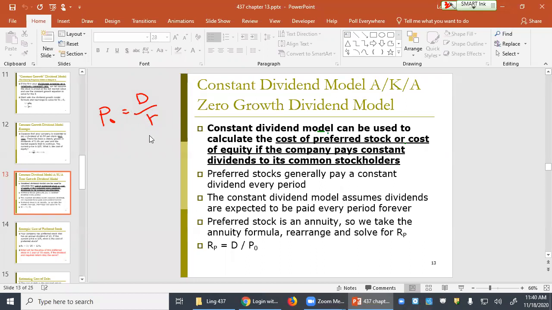So we rearrange this equation to solve for the implied required rate of return. All we need to do mathematically is to swap your denominator with your P0 on the left. So we now have R equals the annual dividend divided by P0. Okay, so it's a very simple mathematical transformation.